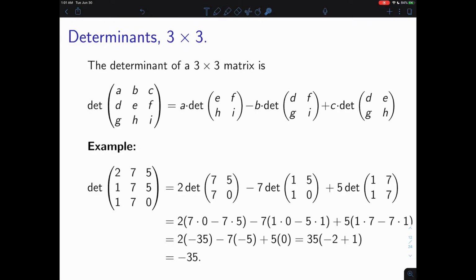I want to show you how to use determinants to do cross products. Sometimes determinants are useful for other things. If you've taken linear algebra or differential equations, or if you're going to take those in the future, then you'll see some other uses of determinants.